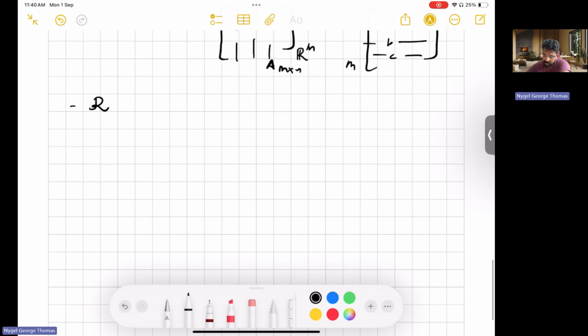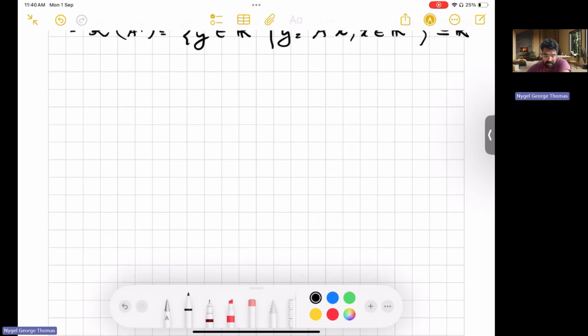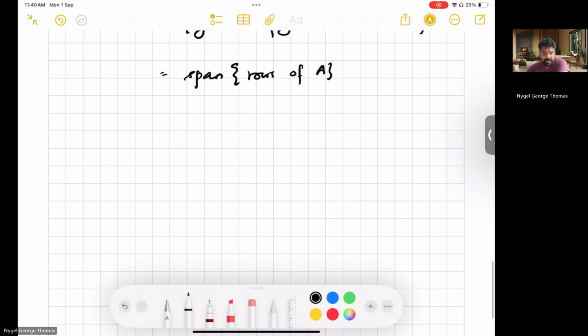So how you denote this: R of A transpose is the set of all y's which belong to Rn, very important, which is Rn, not Rm, such that y is equal to A transpose x, where x belongs to Rm, and it is a subspace of Rn. So it's actually the span of the rows of A.